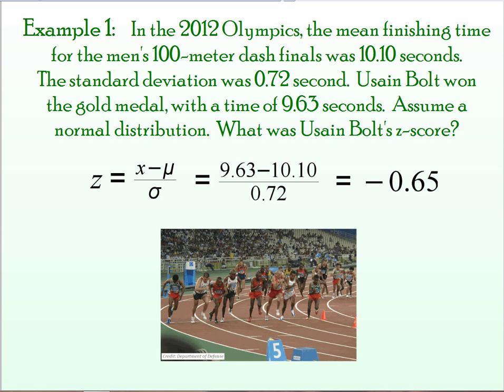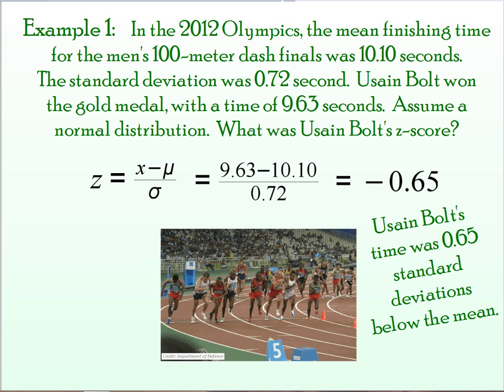And I get negative 0.65. That tells me that Usain's z-score, or his time, was 0.65 standard deviations below the mean. He was much faster than the average person.